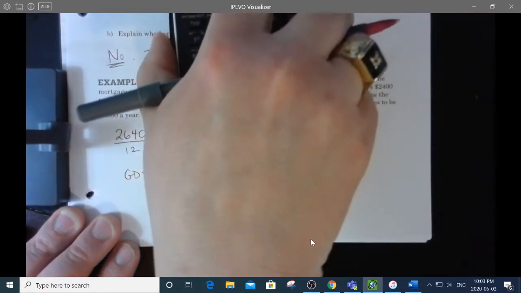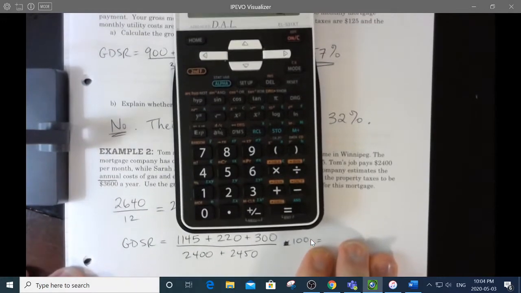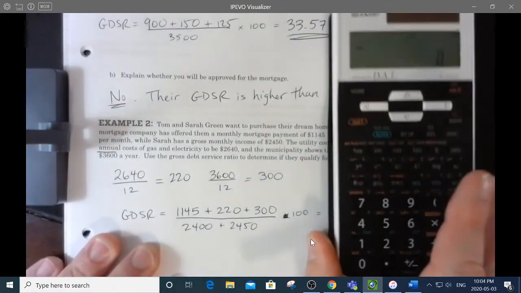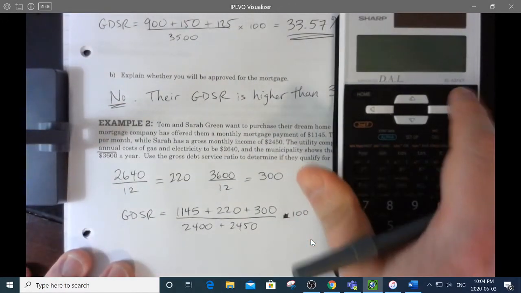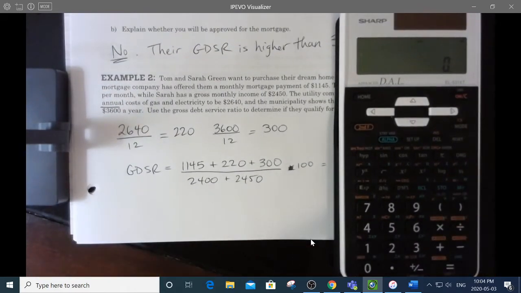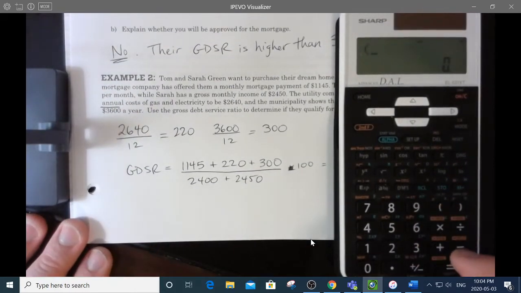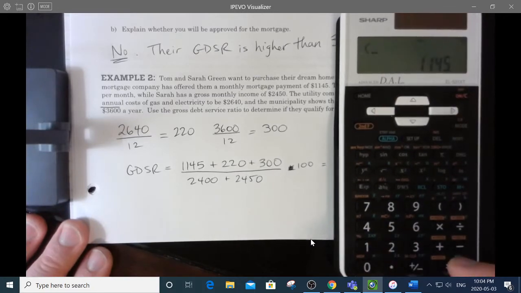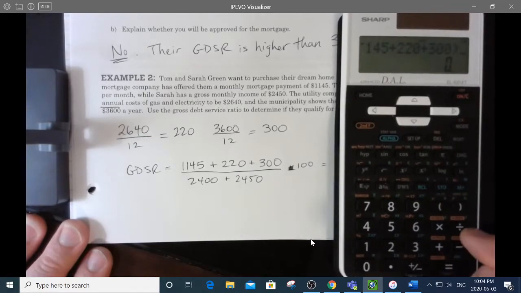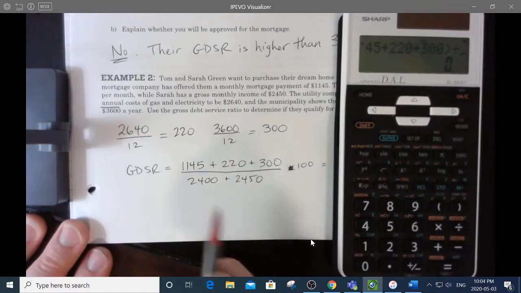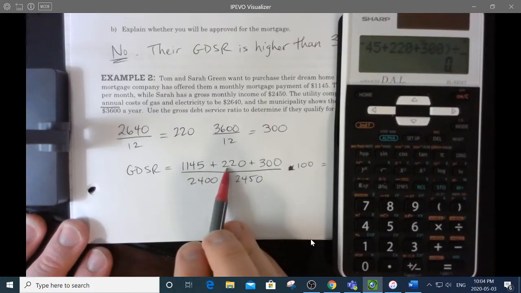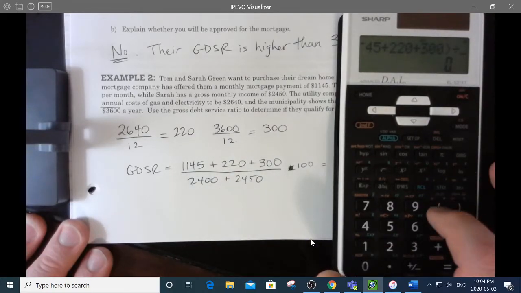And let's punch buttons. So let's see, let me bring that down. Can we see both at the same time? Maybe if I do that, that's better. Okay, so open a bracket. 1145 plus 220 plus 300, close bracket, divided by, and then I need to tell the calculator to add this before I divide, so I need brackets on the bottom as well.